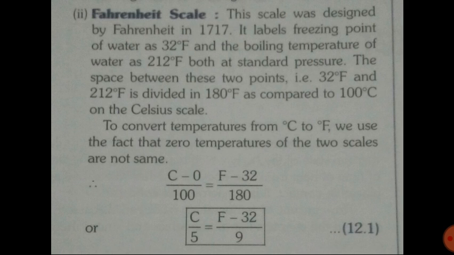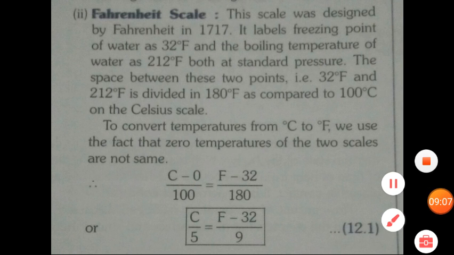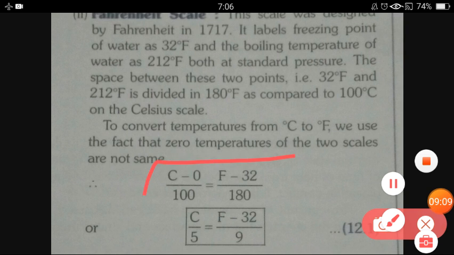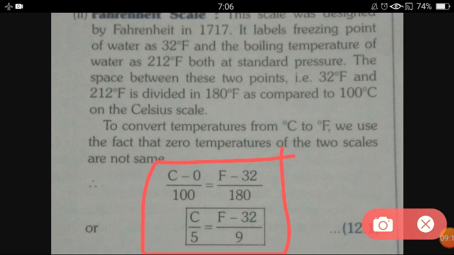If we have to convert temperature from degree Celsius to degree Fahrenheit, we can use this formula. (C minus 0) upon the range of C, that is 100, equals (F minus 32) upon its range, 180.